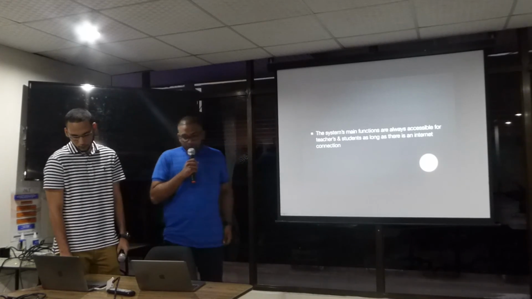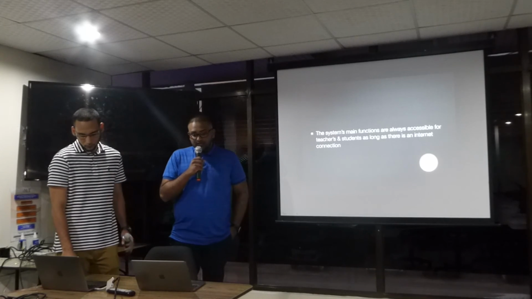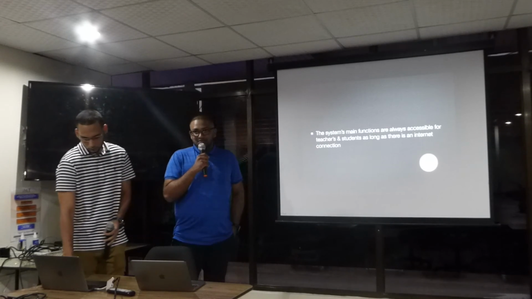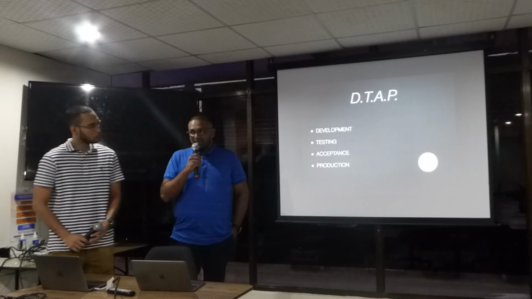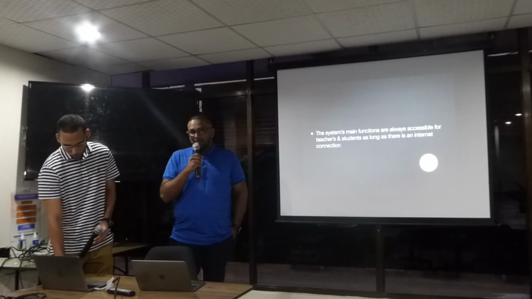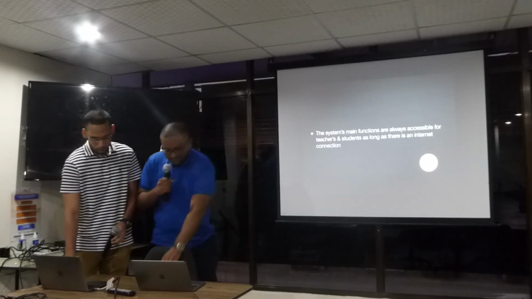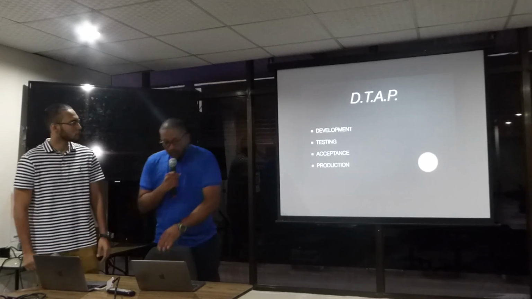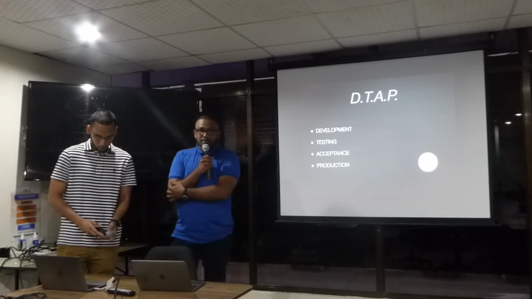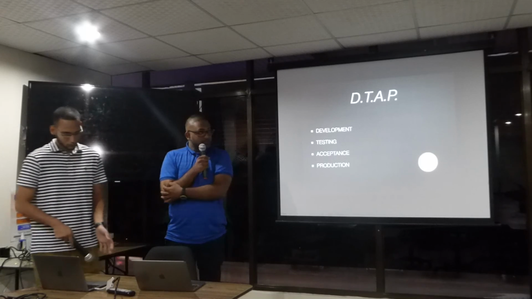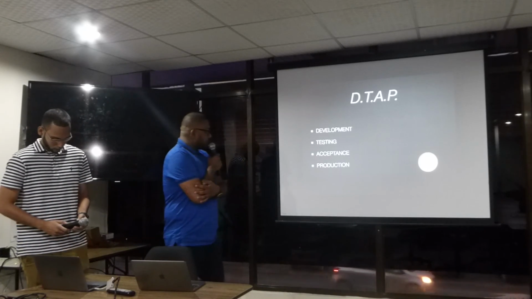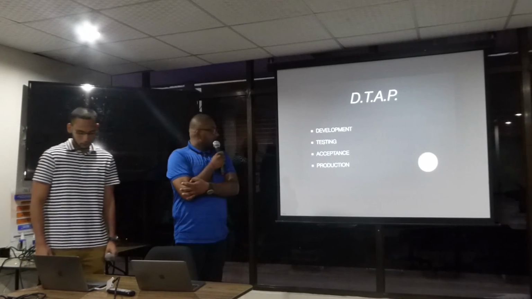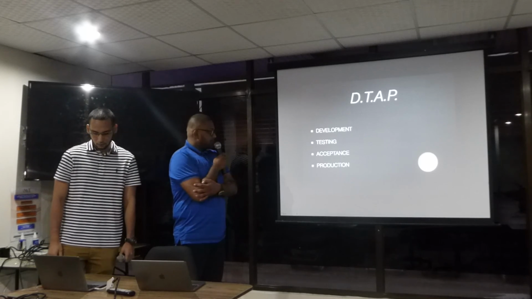The system's main functions are always accessible for teachers and students, as long as they have an internet connection. So this is the main thing that you need to have: internet. We will also use the defect methodology. This means that we will have 4 environments: the development environment, testing, acceptance, and production.